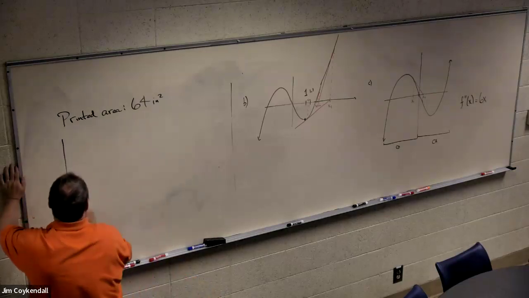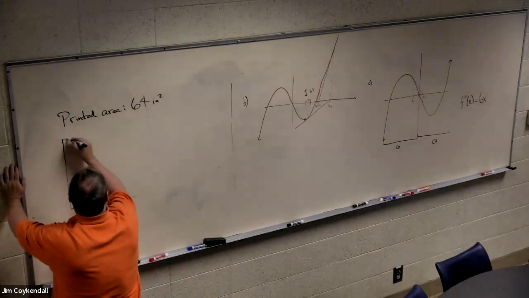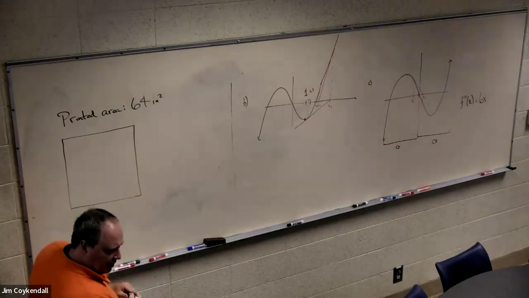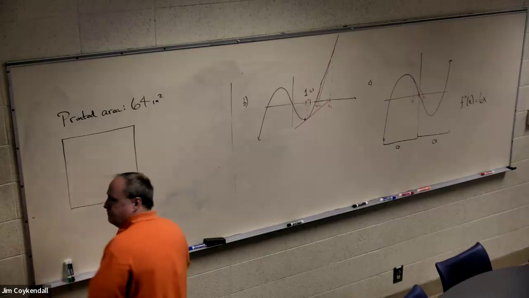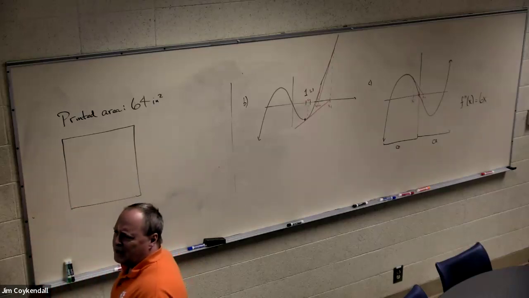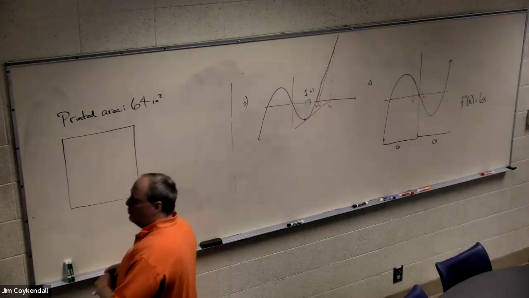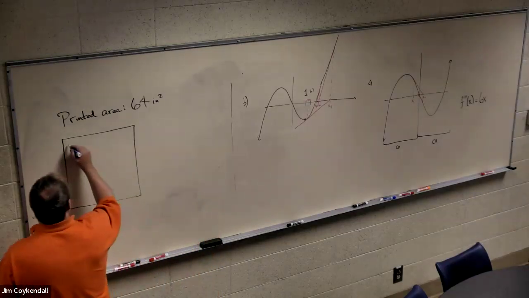So let's see what we got here. You know what? When you don't know, draw a picture. It's supposed to have a half-inch margin on each side. And I don't say it, but I guess we're assuming it's supposed to be rectangular.